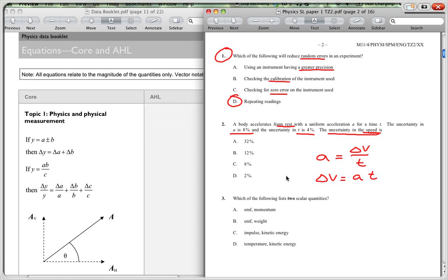Our change in velocity is our final minus our initial. But because we are at rest, that is just going to be v minus u, which is 0. So v is going to be at.